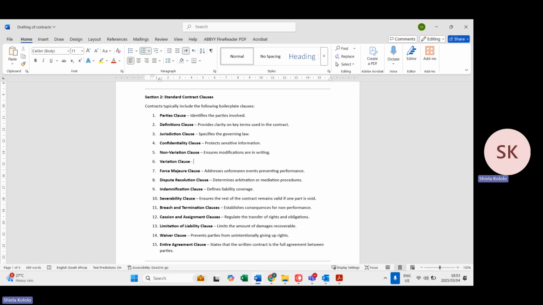So it basically talks about you cannot cede your rights unless you have first asked me as the person whom you are in contract with. And so in your cession and assignment, you'd first state that this is what you should not do under this agreement. And then you can only do it by permission from the other contracting parties.